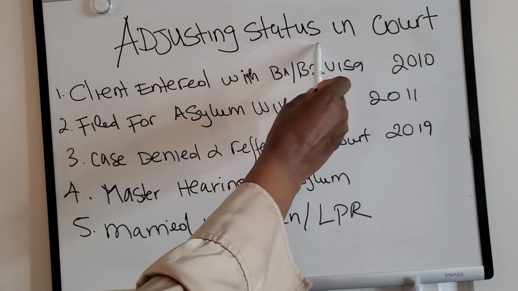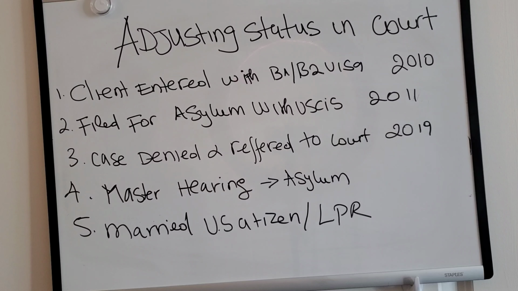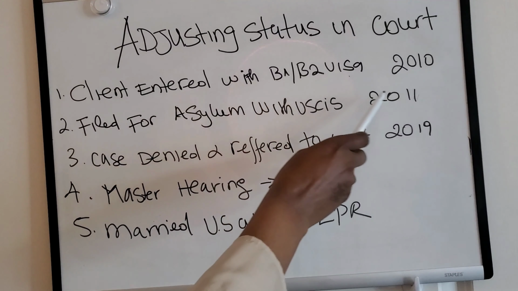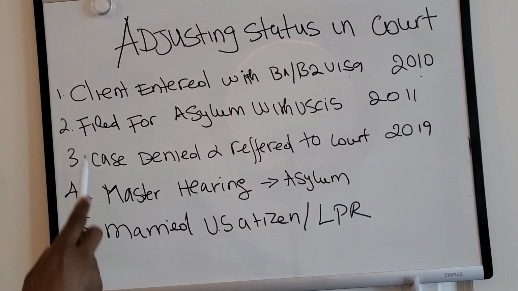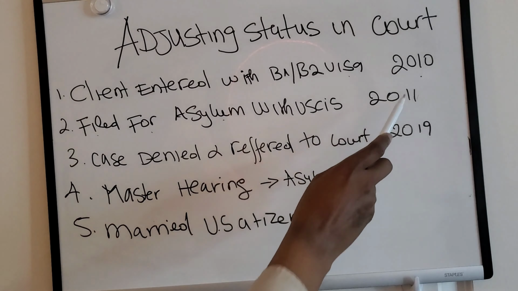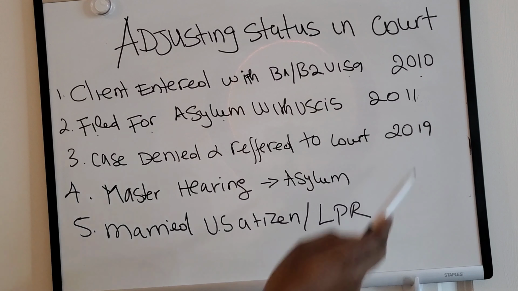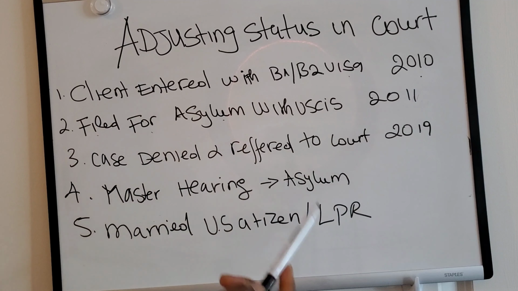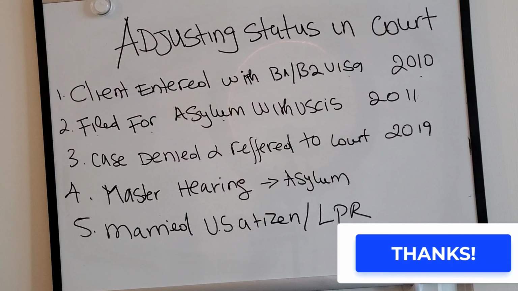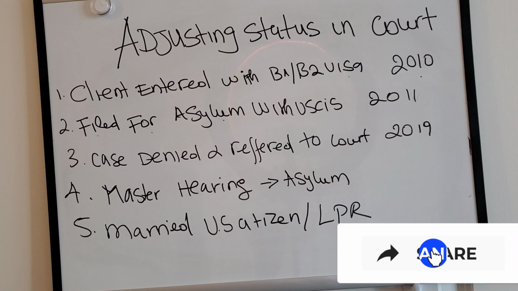Okay, adjusting status in court. This client entered the United States with a B1/B2 visa in 2010. Then the client filed for asylum with USCIS in 2011. Asylum gets denied, most of the time, based on the conflict in terms of contradictions, okay?